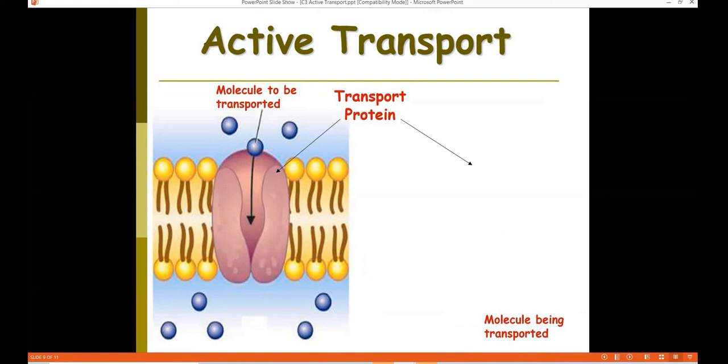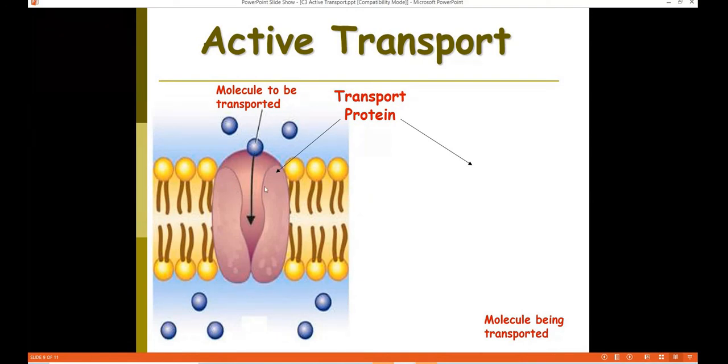Do you see? This is the transport protein over here, which is making a gateway, allowing the protein to enter. Girls, do you see this transport protein over here in pink? Are you following me? Okay, so this is the transport protein and this is the molecule which needs to be transported.